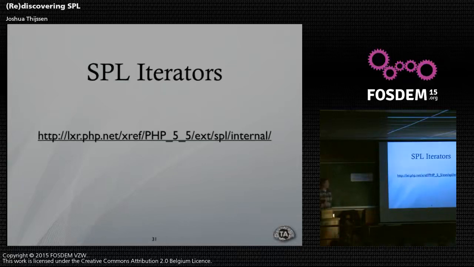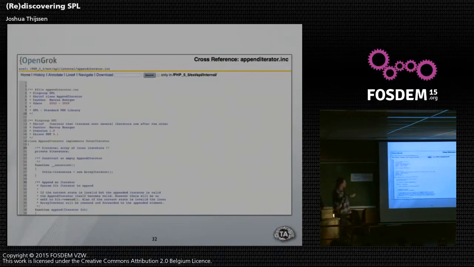If you take a look in the SPL directory, there's an internal directory, and that internal directory basically gives you a PHP model of what the iterator does. So for instance, if I take a look at the append iterator in here, it's pretty much a PHP version of what the append iterator actually is. The append iterator is programmed in C, but they actually modeled it through PHP first. So if you don't understand what an iterator does, you can look in here to get a little more familiarity with what's going on internally.